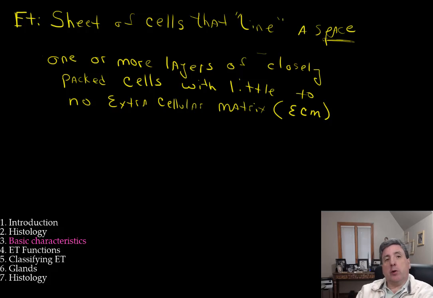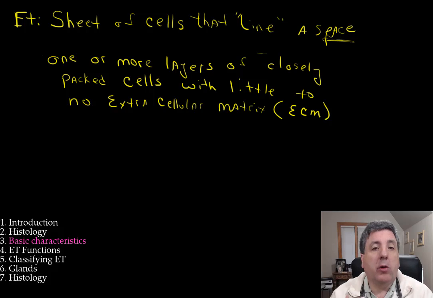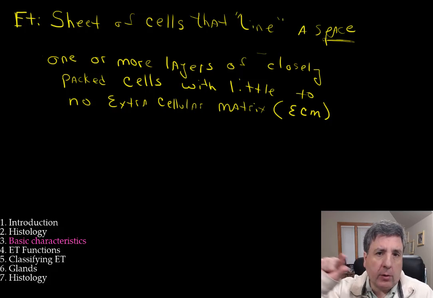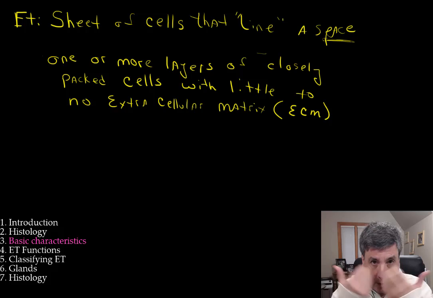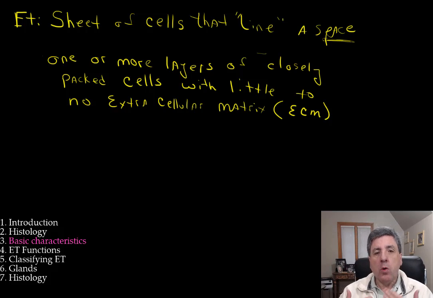If you were to look at other spaces within the body, your mouth, your oral cavity is also a space. So the cell layers that line that oral cavity are epithelial tissue as well. Other areas of the body, the digestive system, blood vessels, and so forth, also line a space.